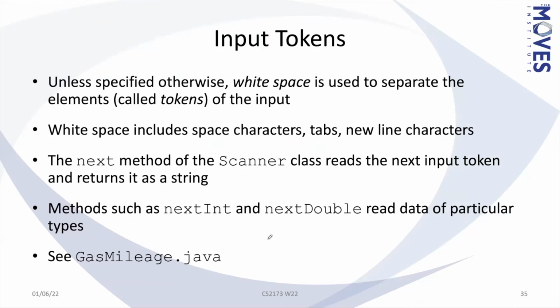Now by default, at least, the Scanner uses white space to separate these elements. They call them tokens. You don't have to remember that, but there are special methods called nextInt or nextDouble to read data of a particular type.